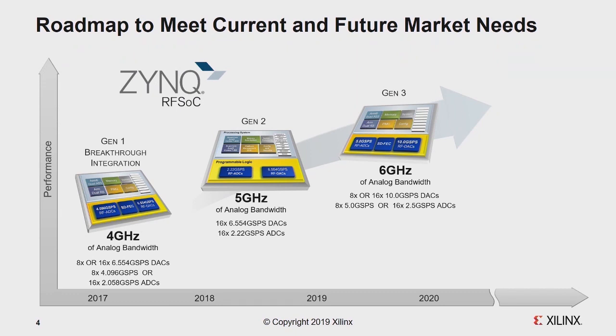And what we do is we time interleave 2 ADCs, and we're at 4 gigasamples in an 8x8 configuration. And then if you run the 16x16 configuration, you get nominally 2 gigasamples on the ADC. The DACs in this particular part run in any configuration at 6.55 gigasamples per second.